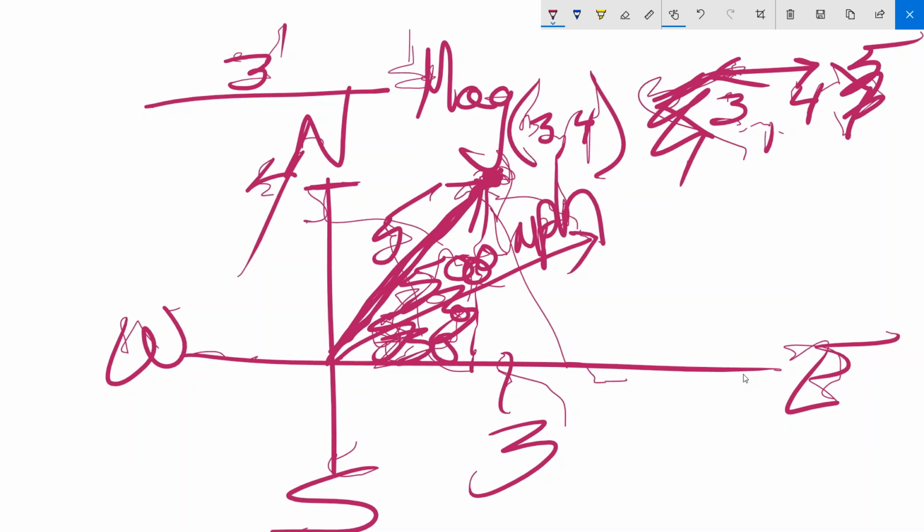And it's not always straight up. Might be sideways. But it's some direction. So that's the most important thing to learn about vectors, is that they have both magnitude and direction, and they can be expressed as their x and y components.